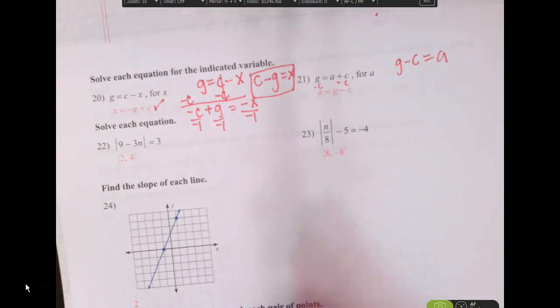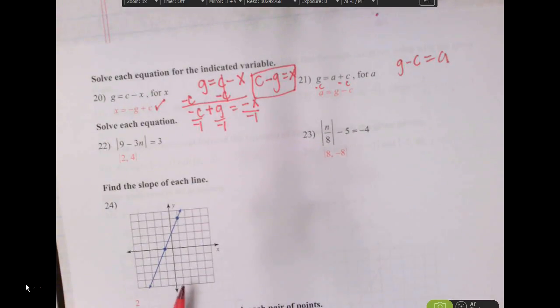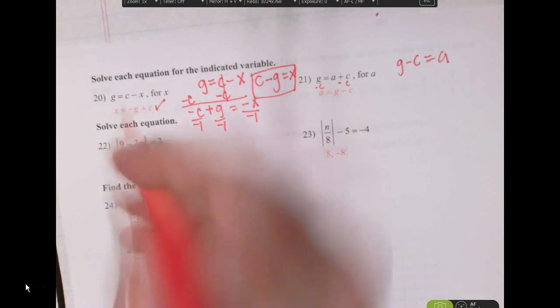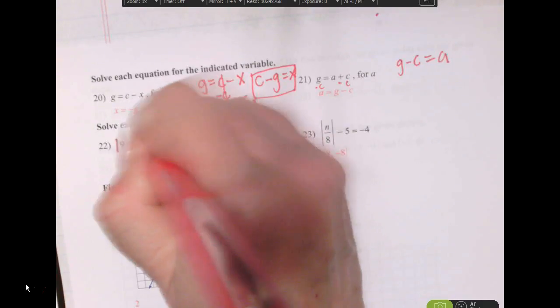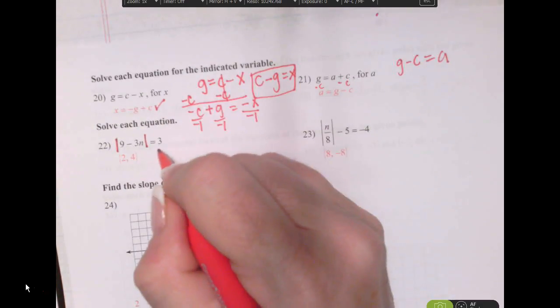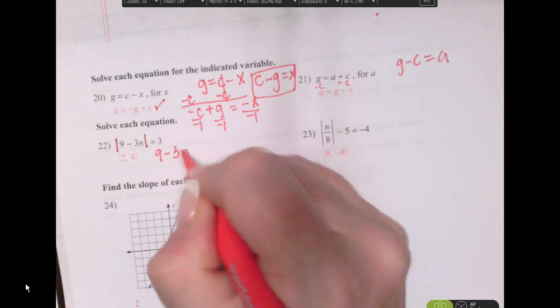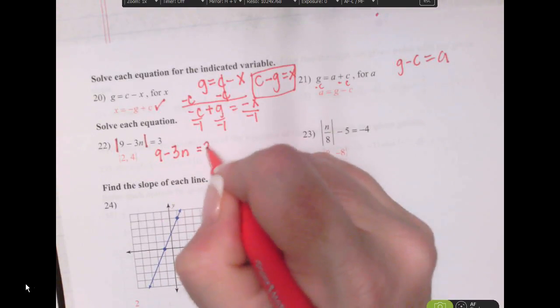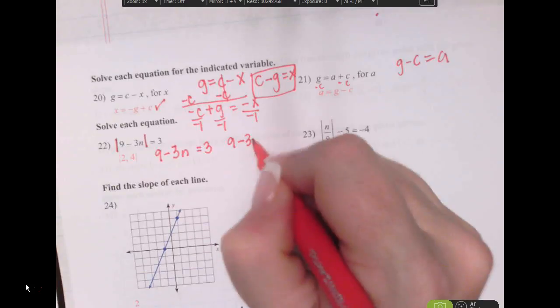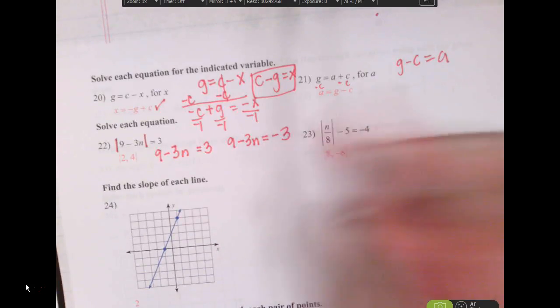In number 22, absolute value equations, we want to get the absolute value by itself, which it is, and then we have to realize that absolute value equations have two different answers, one that's positive and one that's negative.